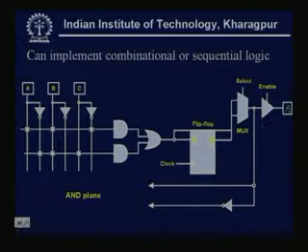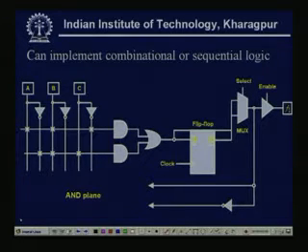So, in the output of the OR or the PAL plane, we can add some D flip flop. So, if we see this example, again we are taking the 3 input. So, this is my AND and the 3 input variable.